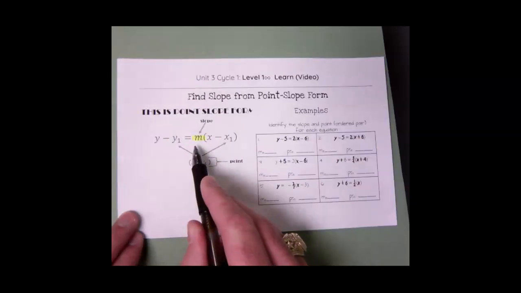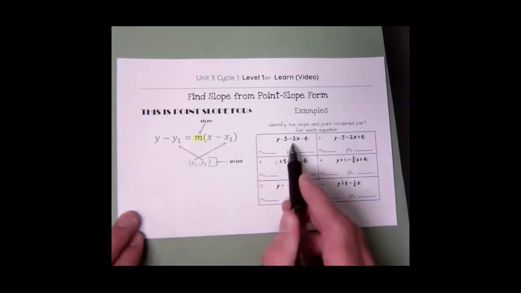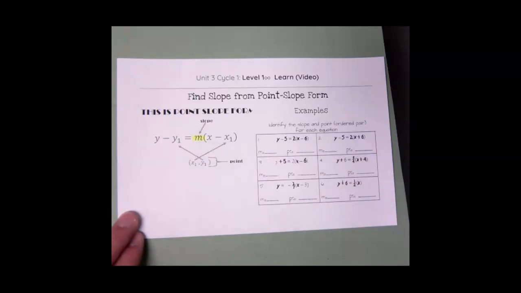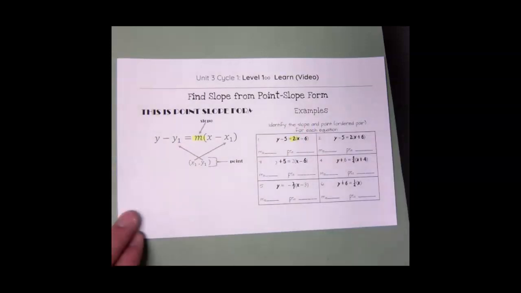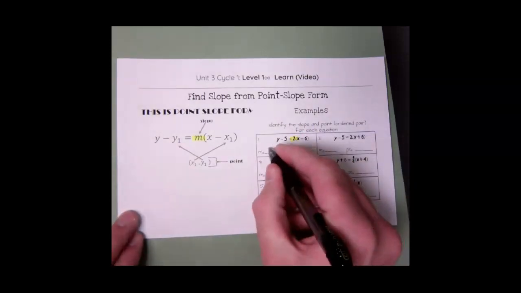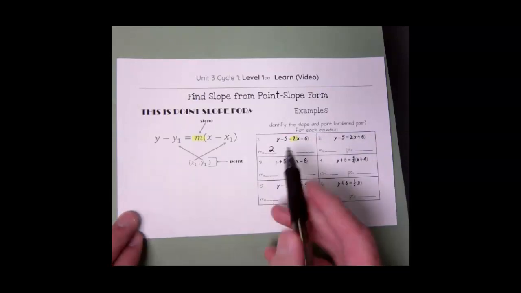So our slope is what is in front of the x minus 6. It's the 2. Okay, so our slope is 2. It's as easy as that. It's all about just finding what is in front of x minus the number, and that's your slope. So your slope here is 2.